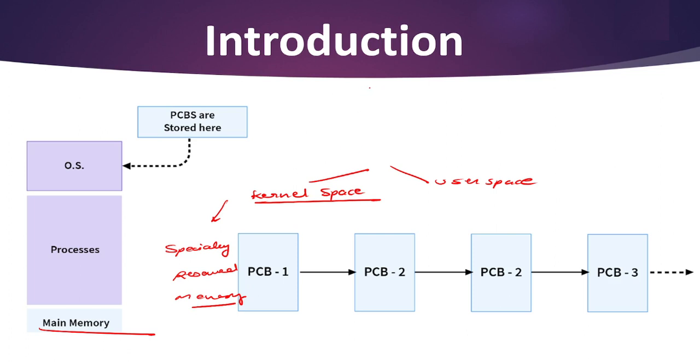Let's say in my computer system I have three processes, say P1, P2 and P3. So PCB for P1 is unique, PCB for P2 is unique, and for P3 is also unique.